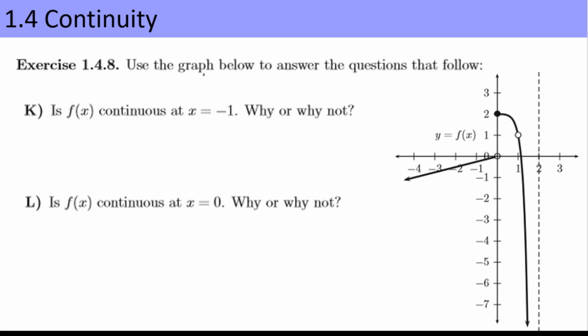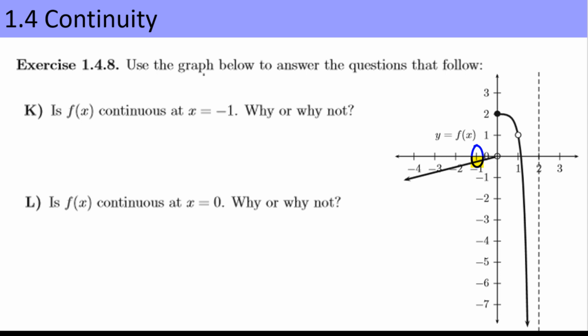The question now, part K: Is the function f of x depicted in the provided graph continuous at x equals -1? If we look at x equals -1, it is completely drawn through there, so graphically we see that.